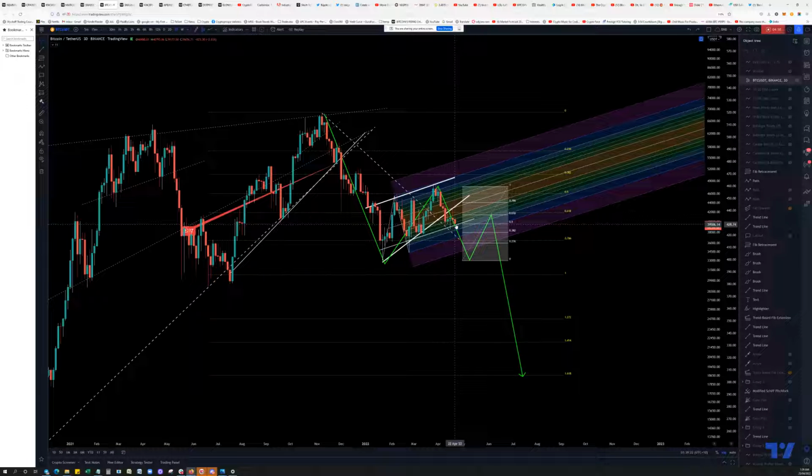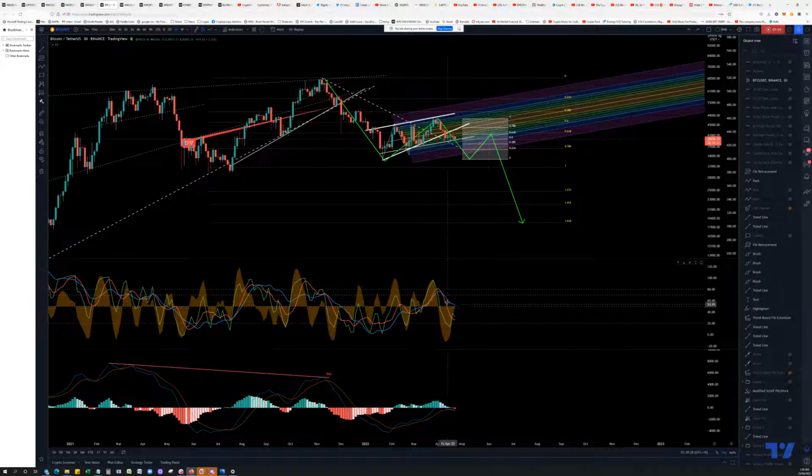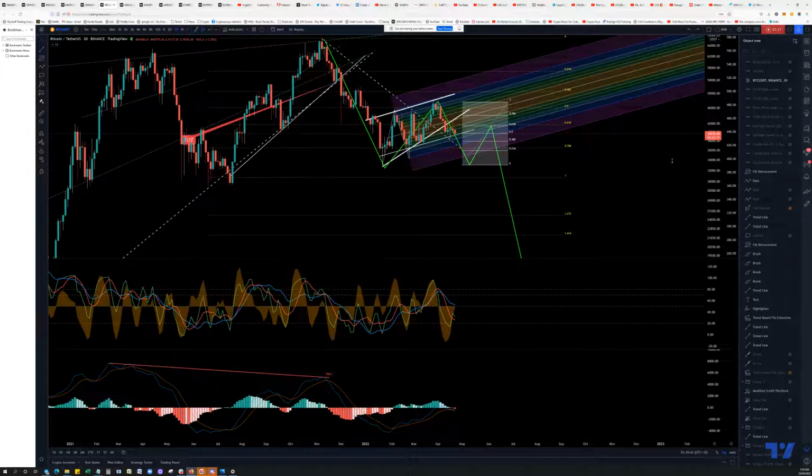This is a bearish candle on the 3-day, and this is definitely turning bearish. It's still in the negative zone, and the MACD has crossed over on the 3-day as well. And we have 8 hours left, so it is very, very bearish.